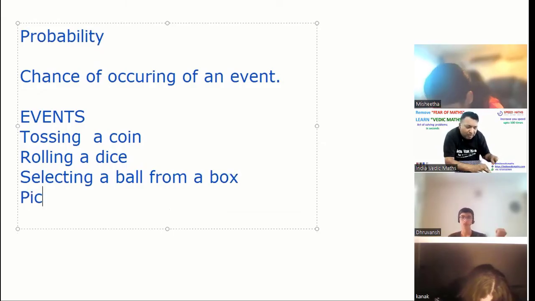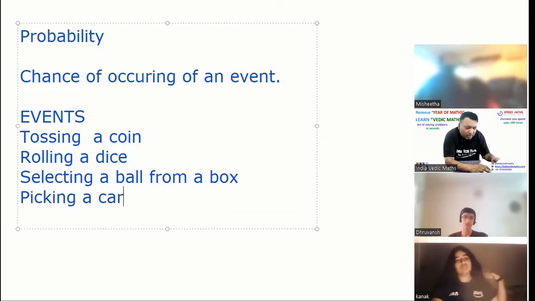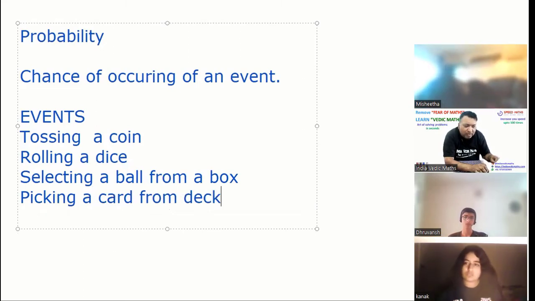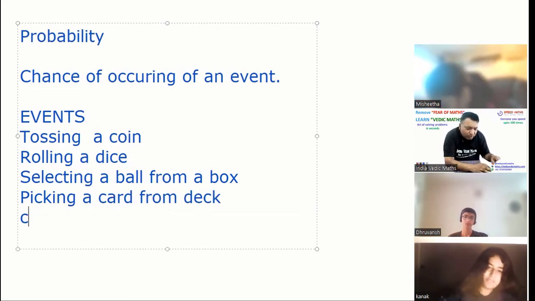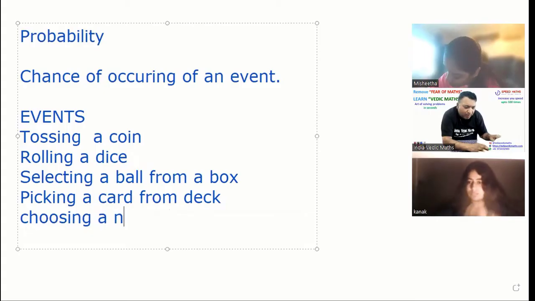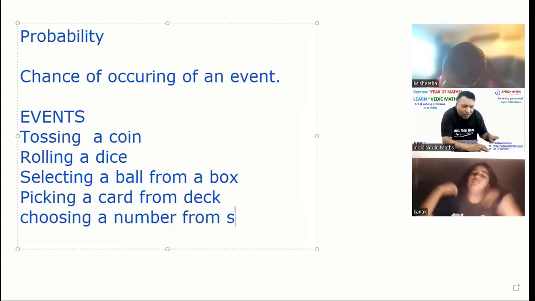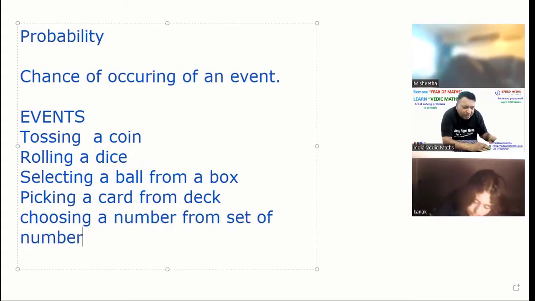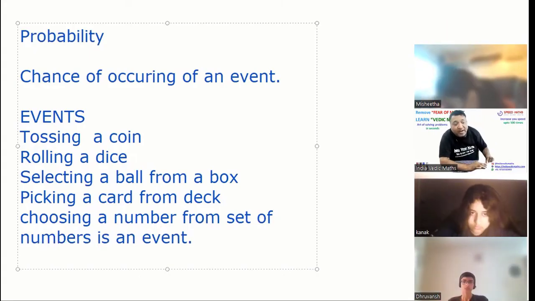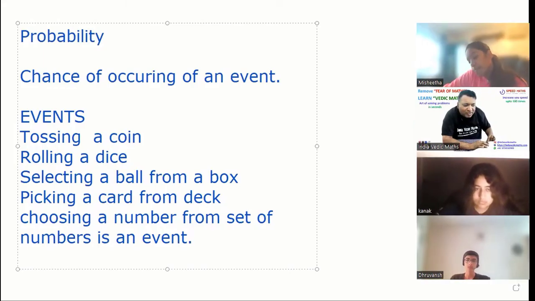Picking a card from a deck is an event. Choosing a number from a set of numbers is an event. I want everyone to tell me one event of your own choice, make it different. Who will start first? Tell me any one event. What do you understand by event?